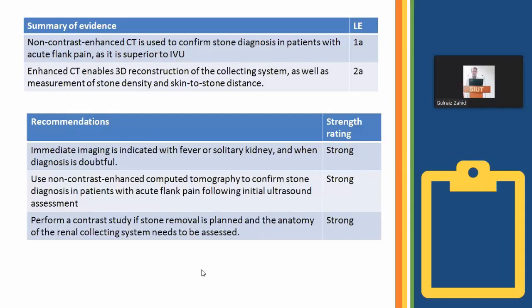Immediate imaging is indicated with fever or solitary kidney, and when diagnosis is doubtful. Use non-contrast enhanced CT to confirm stone diagnosis in patients with acute flank pain following initial ultrasound assessment. Perform a contrast study if stone removal is planned and the anatomy of the renal collecting system needs to be assessed.